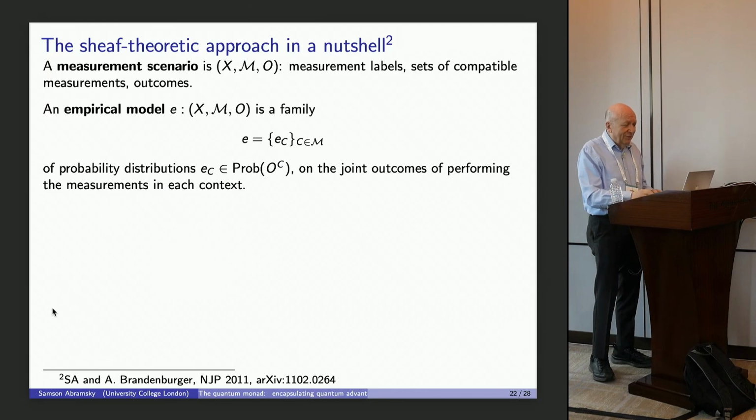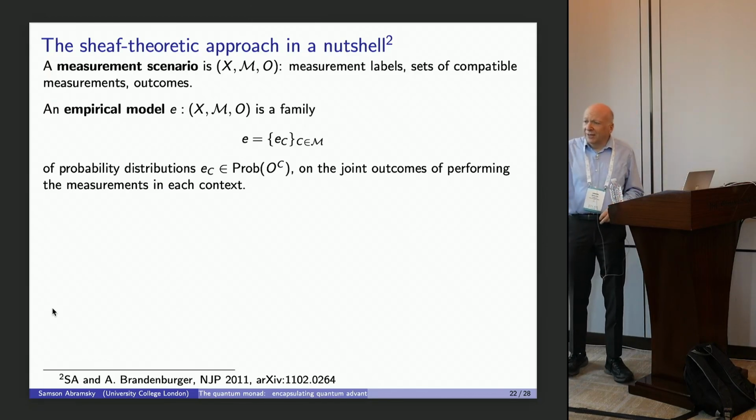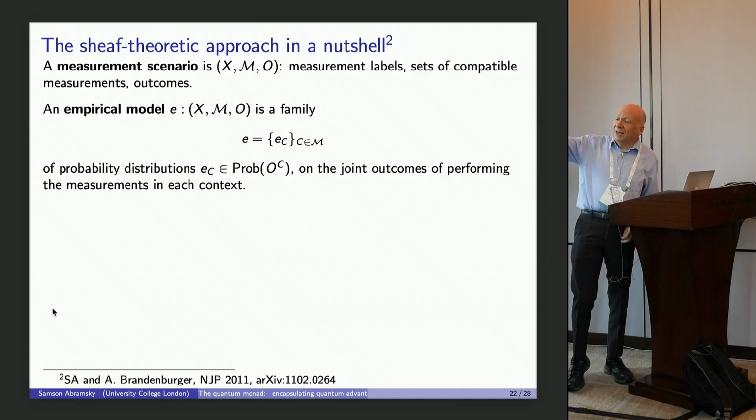Again, I don't want to belabor the details, but this is a general approach to formalizing these things, which covers a very wide range of things and has proved to be robust and can be developed in various ways, in this form introduced with Adam Brandenburger quite some time ago. So we have a family of variables, if you like.